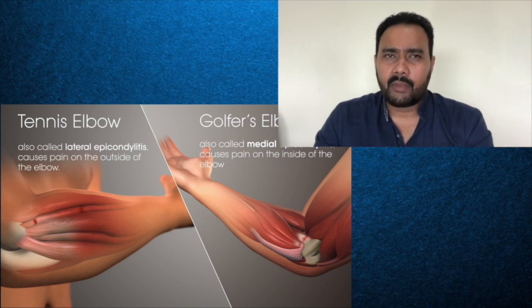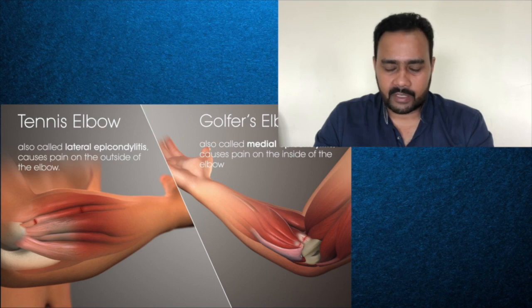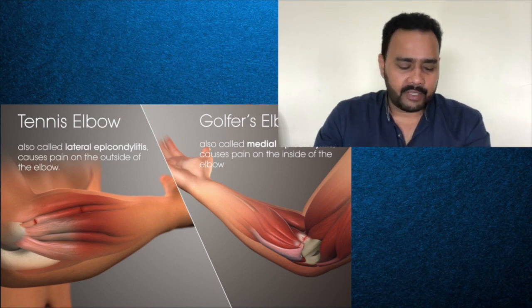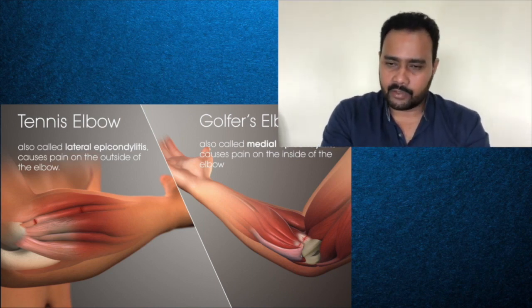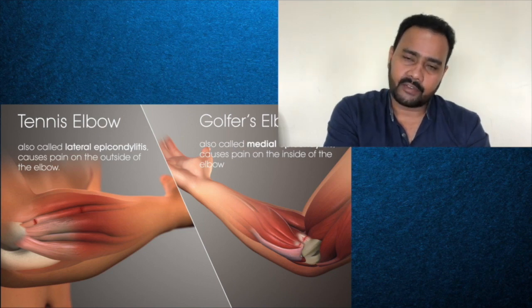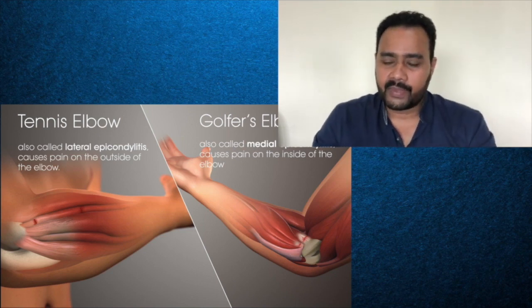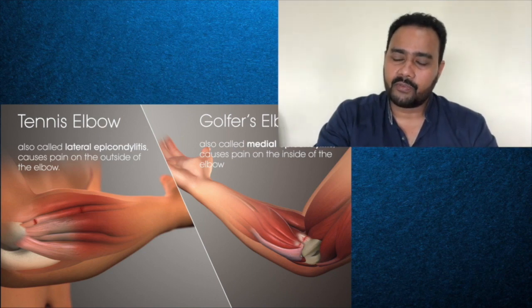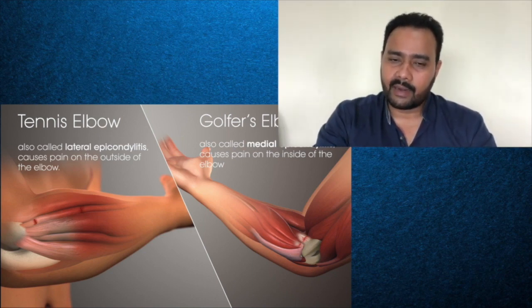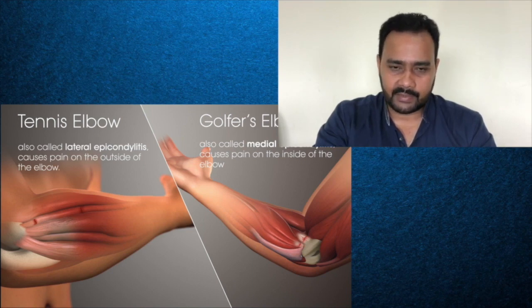Sometimes you might mix up the names, but you can easily remember: always think medial to lateral, and if you think about alphabetical order, golfers come first, so that is medial, and then you get tennis elbow. So this is what we call epicondylitis, medial and lateral epicondylitis.